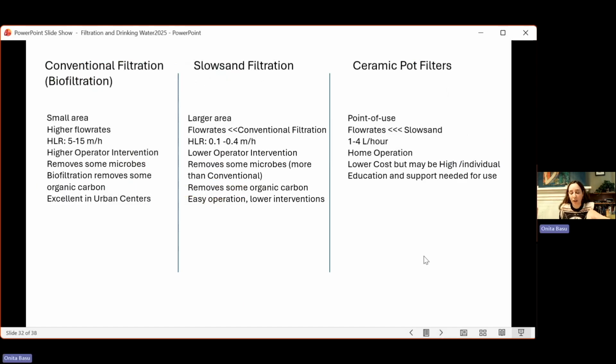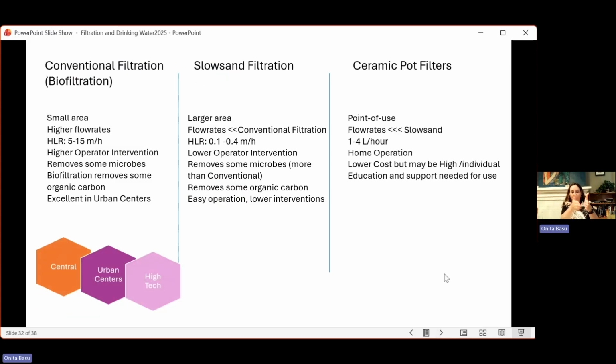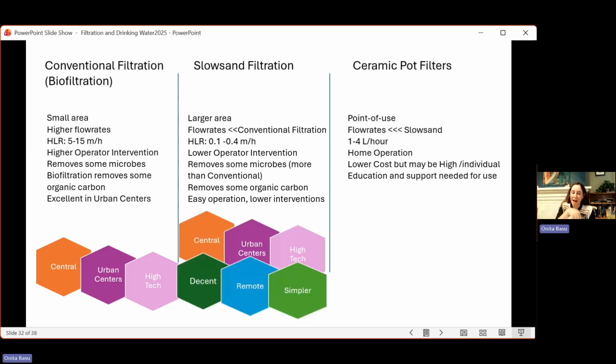Okay, and then just quickly, because I want to stay on time, I wanted to show you the breakdown between conventional filtration and biofiltration, slow sand, and ceramic pot, and then circle back to where we said they were used in the beginning. Conventional filtration and biofiltration take up smaller areas and have higher flow rates.